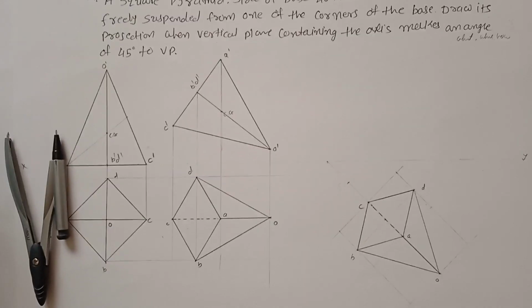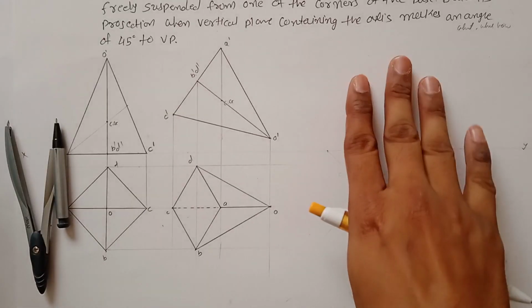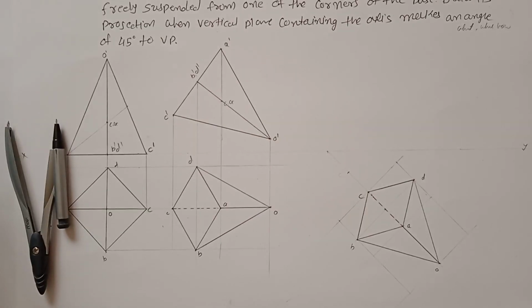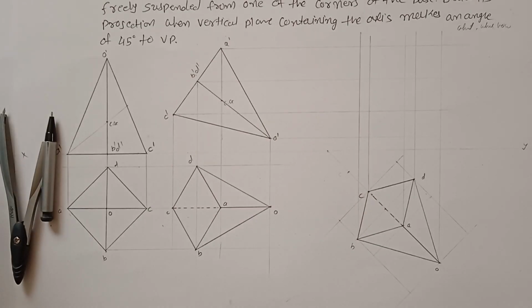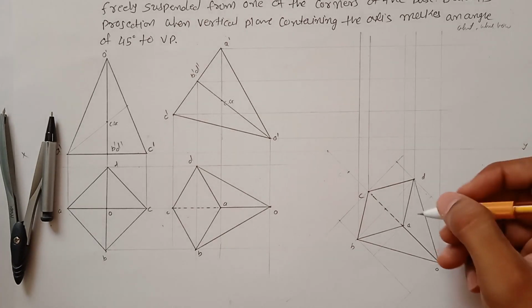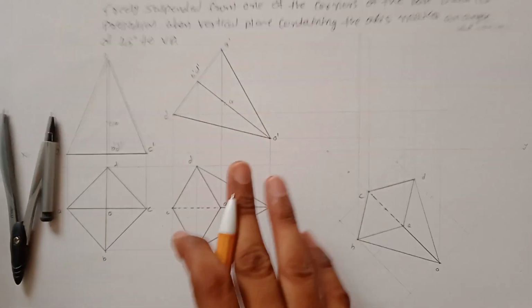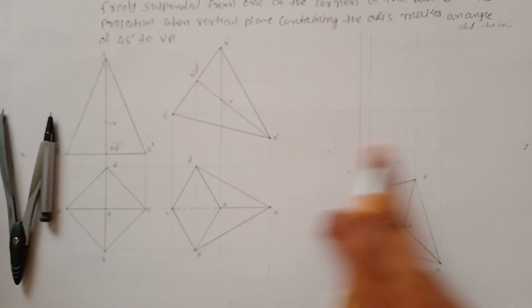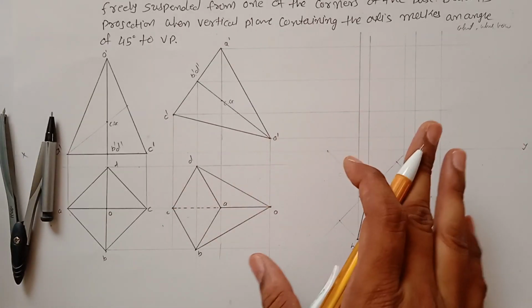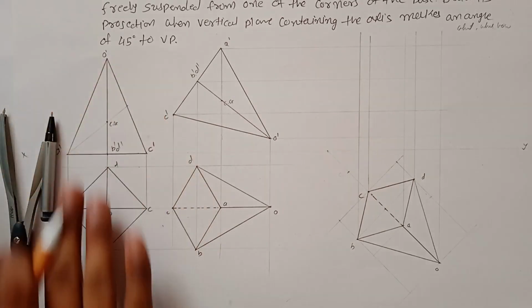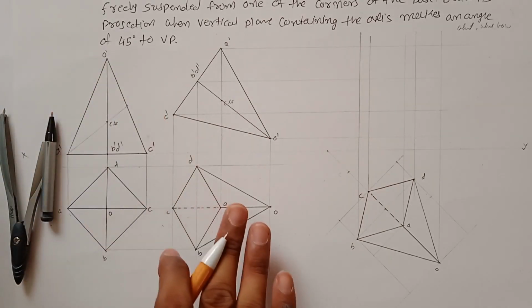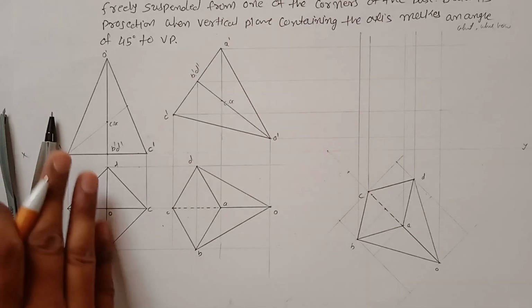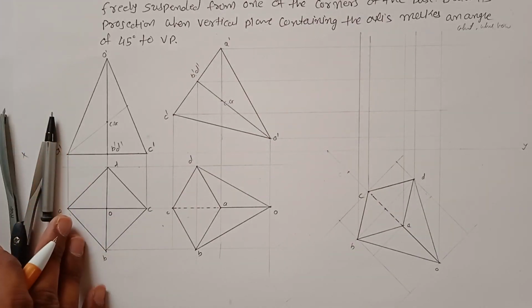Now you have to draw the projections from this position and this position and find out the intersecting points. Make sure this is a freely suspended solid. So your solid should not touch the XY line at any point of time. In the first position, this is not a position actually. To achieve this position, we need the shape and dimensions of the initial position.